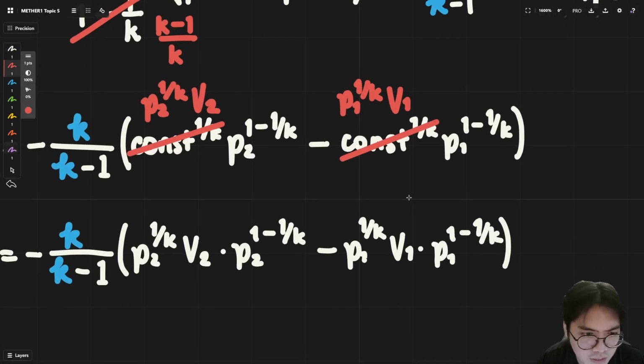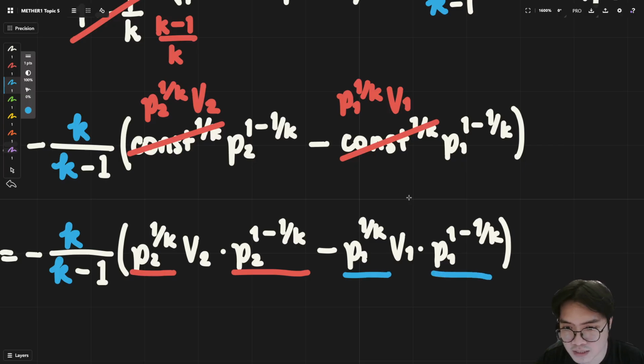Notice that both of these have the same base, and so do these. If they have the same base and are multiplied to each other, you can add the exponents. Adding the exponents means 1 over k plus 1 minus 1 over k, so you are essentially canceling these parts.